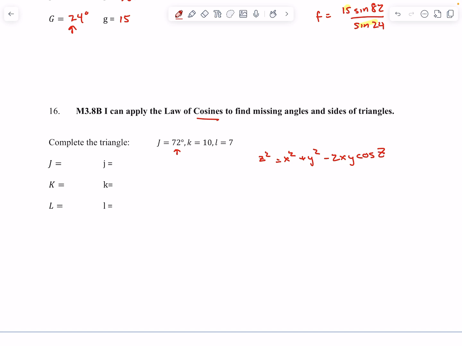Well, the angle has to go in the trig function. So if this is the 72 degrees for j, then it must be side j that we're finding.